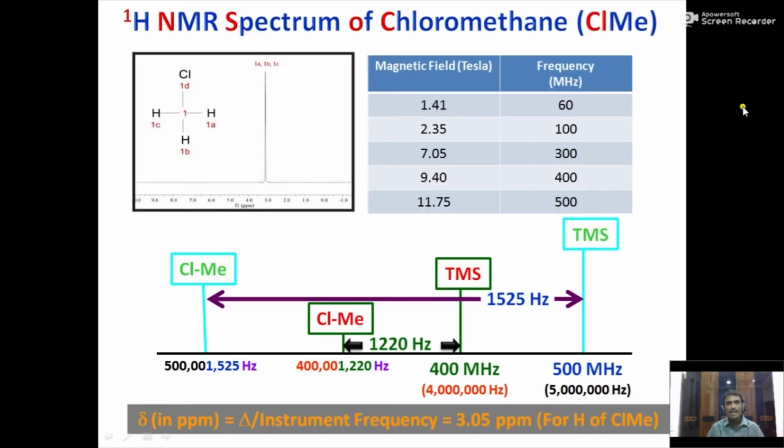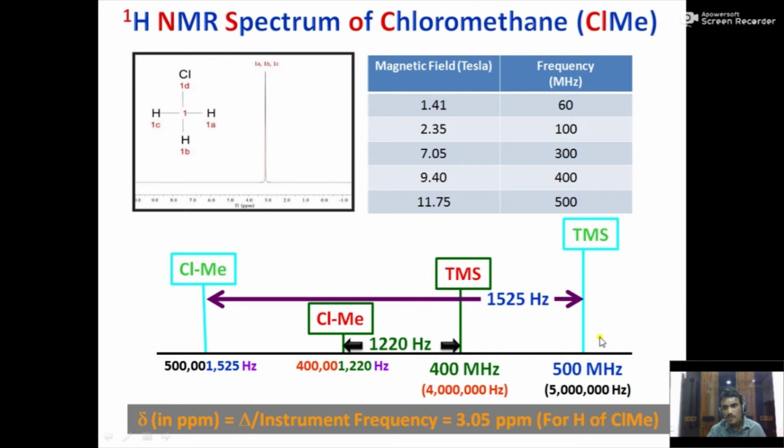You can see that here I have taken the example of chloromethane, which is simply methyl chloride. It has 3 protons. When you are using the instrument of 400 megahertz frequency, the difference between the signal of TMS and chloromethane protons is 1220 hertz.